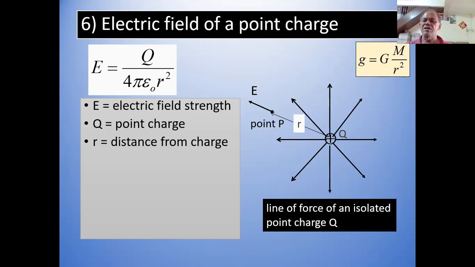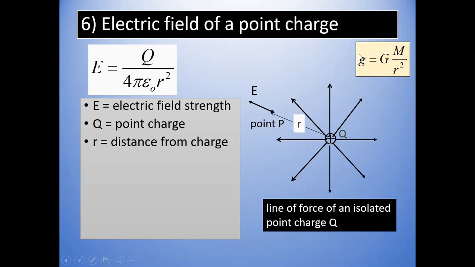Same as your gravitational field, where you use G. Instead of M, you put Q. Instead of G, you put 4 pi epsilon naught or 1 over, or k. And then r squared is still the same.